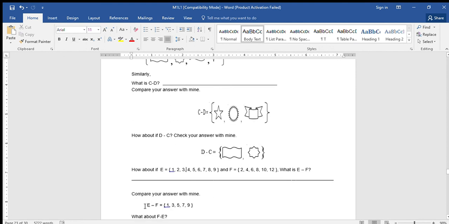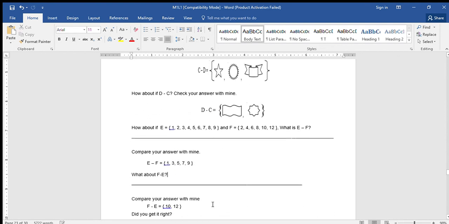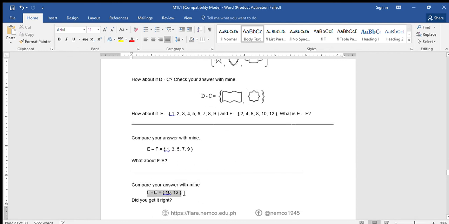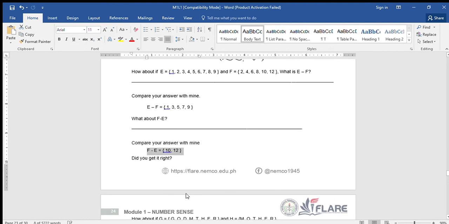Here is our answer for E minus F. Now, what about F minus E? For F minus E, 2 is not included because 2 is there. 4 is not included, 6 is not, 8 is not, 10 is included, 12 is included. So, our F minus E here is just 10 and 12.